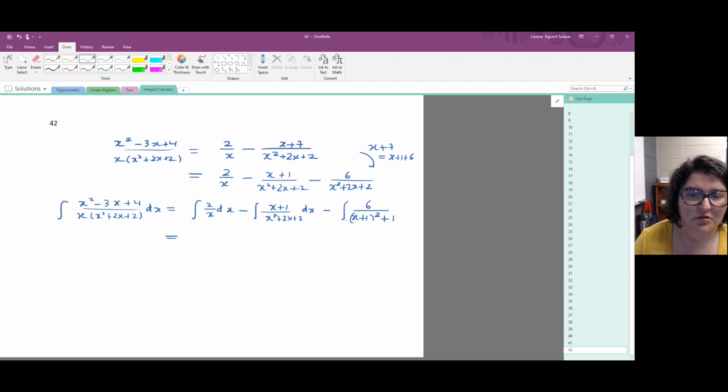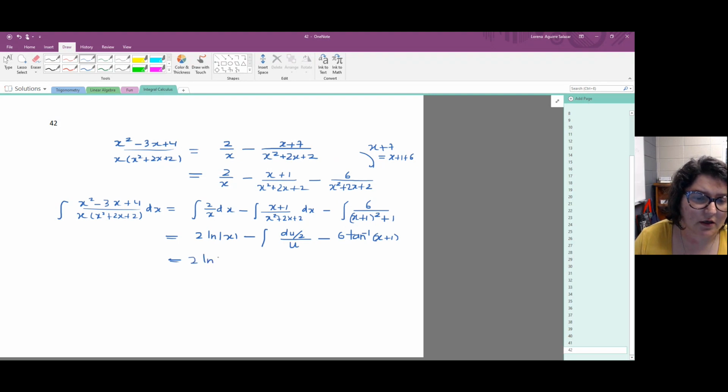And now we can solve those integrals very easily to find twice ln of absolute value of x minus, as we were saying before, we had a du over 2 on top, and then a u on the bottom, and then minus, and this integral actually gives us an arctangent of x plus 1 as we use substitution.